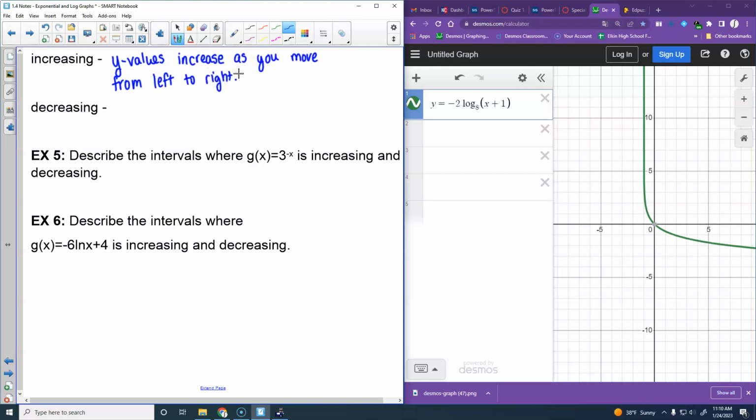I realize it's probably not good to define the word increasing while using the word increase in the definition here. I don't know a great way around it other than saying like y values go up as you move from left to right.